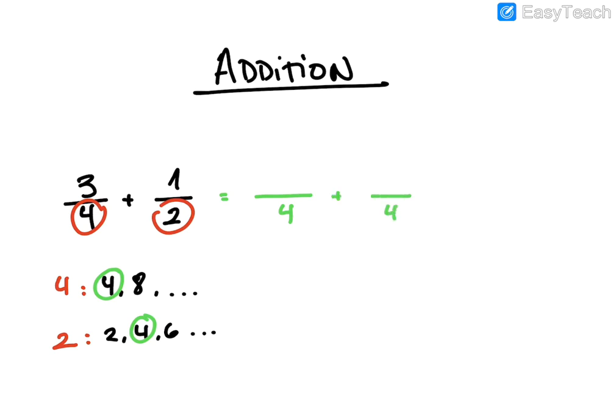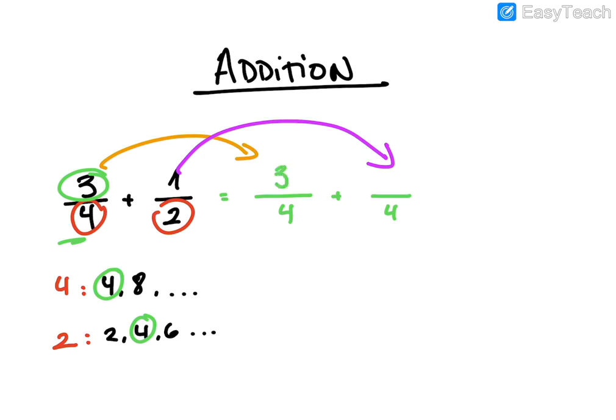These fractions, the ones that I'm going to create, are the equivalent ones. So this is going to be the equivalent of this one, and this one is going to be the equivalent of this one. As this is the first one, I've got here 3 and 4. This number is going to be the same, 3 and 4.